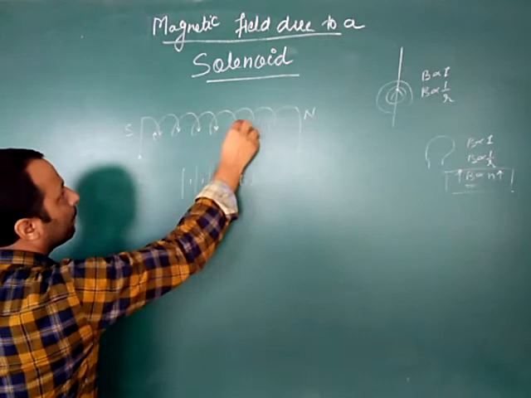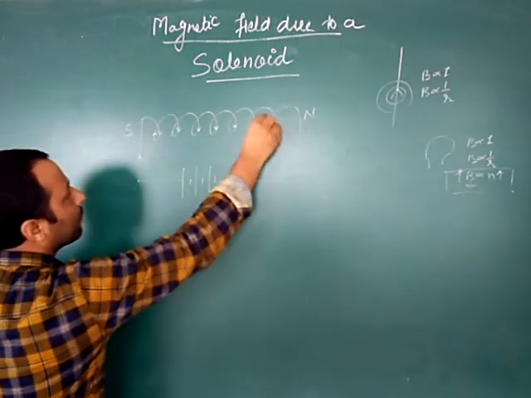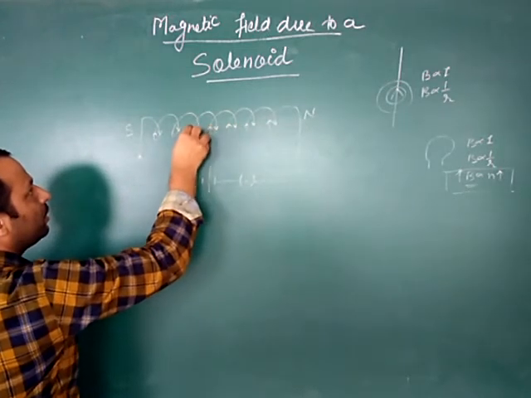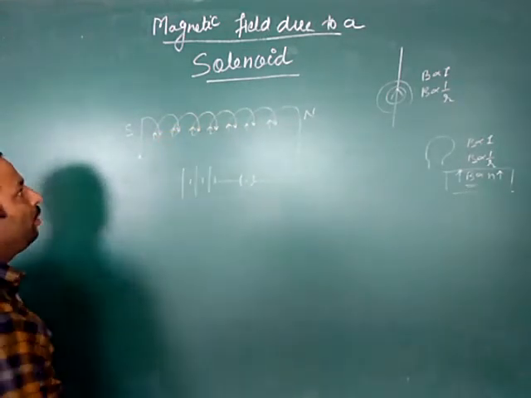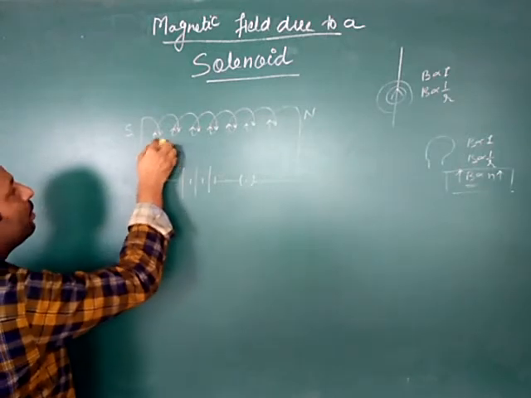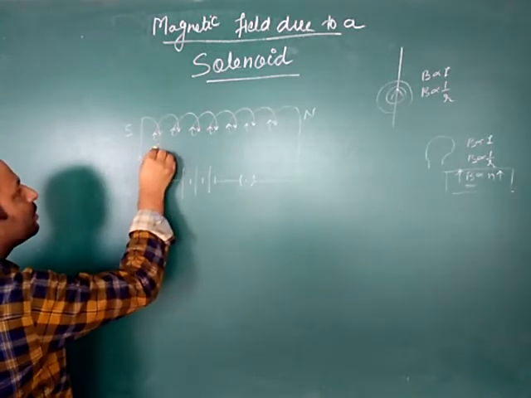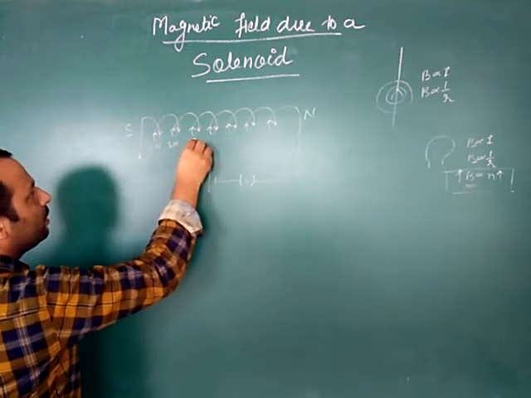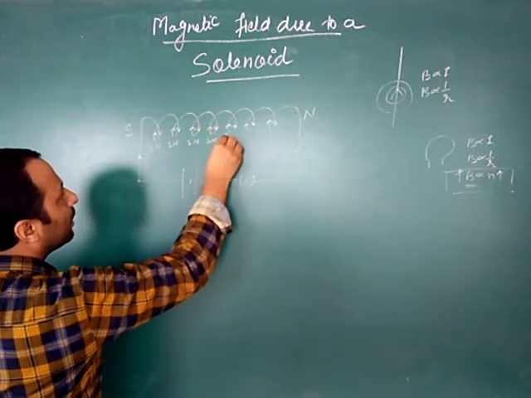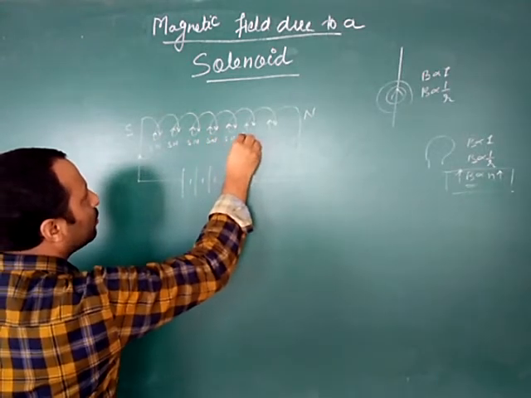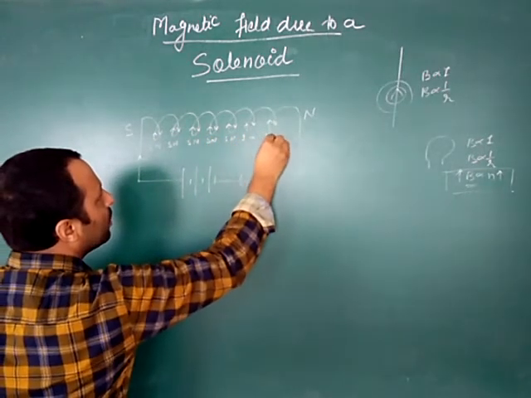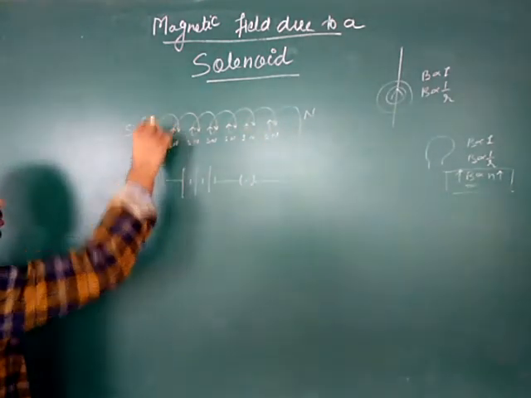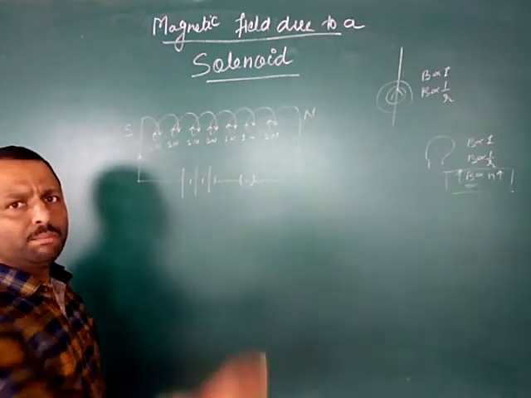And here it is like this. So in the solenoid, this one loop will behave like a small magnet, with a north pole and a south pole. I will illustrate how this small loop behaves like a magnet.